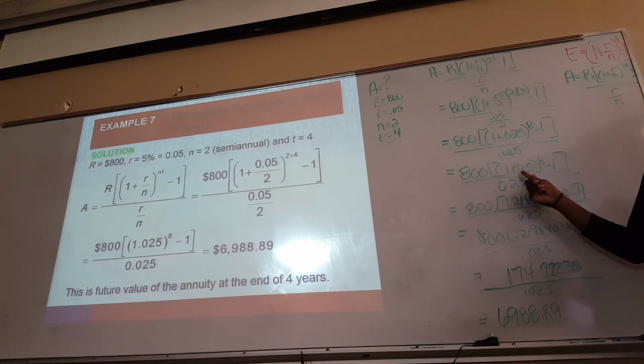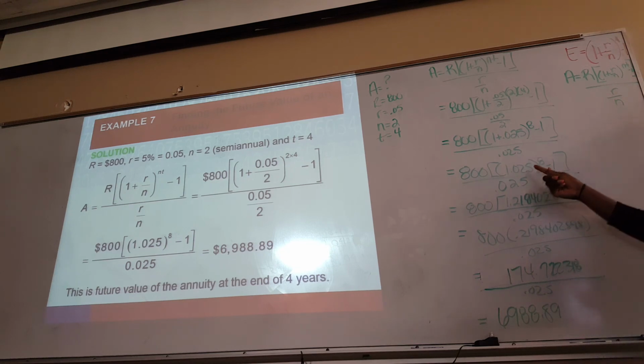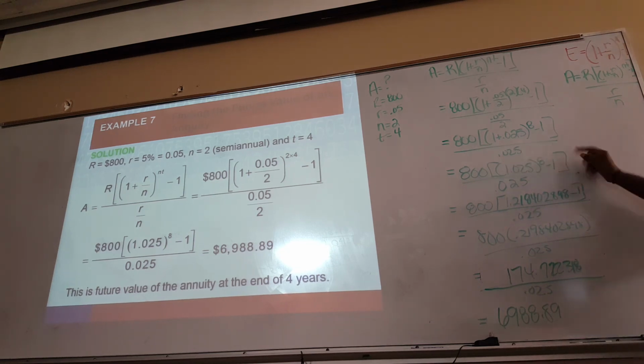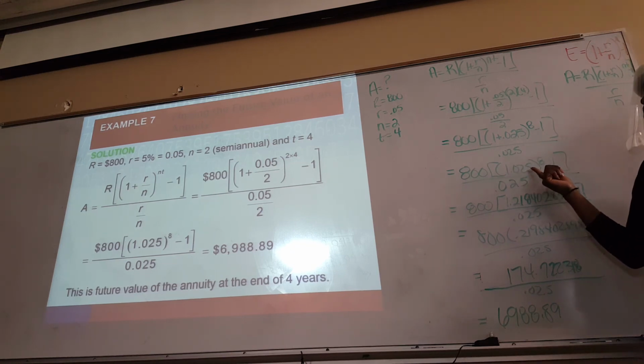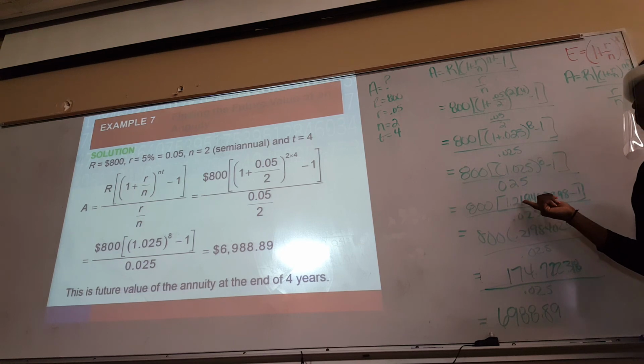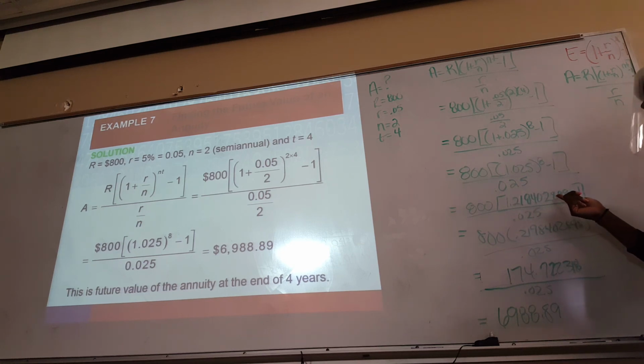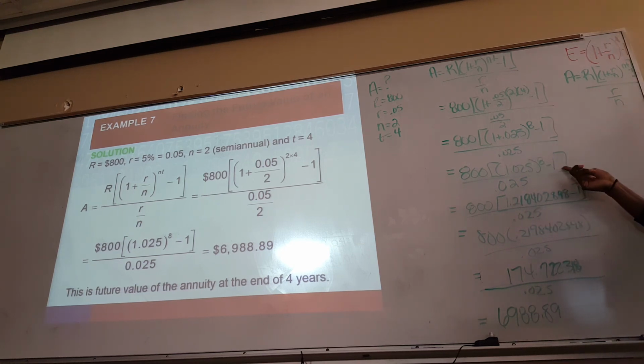And we got 1.025. Now, because it's still inside a bracket, which is like parentheses, that's why I stayed here so long, we did 1.025 raised to the 8th, which is 1.218402898, minus 1 still, because our constant still comes down.